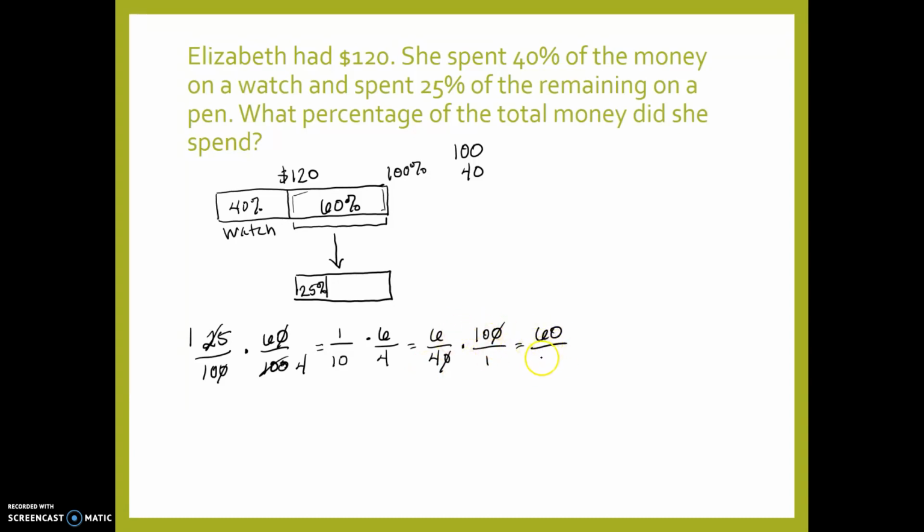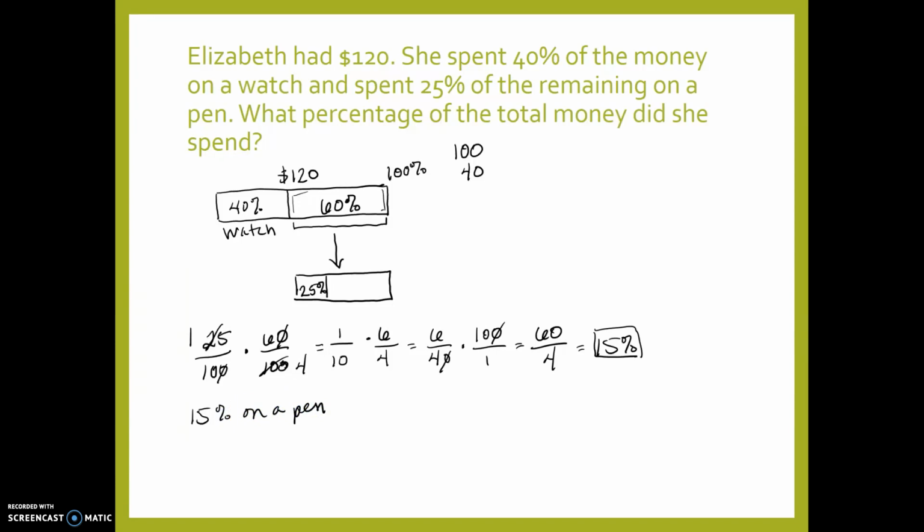So now we have 6 times 10, which is 60, 4 times 1, which is 4, and that's going to equal 15%. Okay, that is not the answer to our question, however. That just gives us the amount of the original money that she spent on the pen. So I'm just writing that down so we remember what that percentage is.